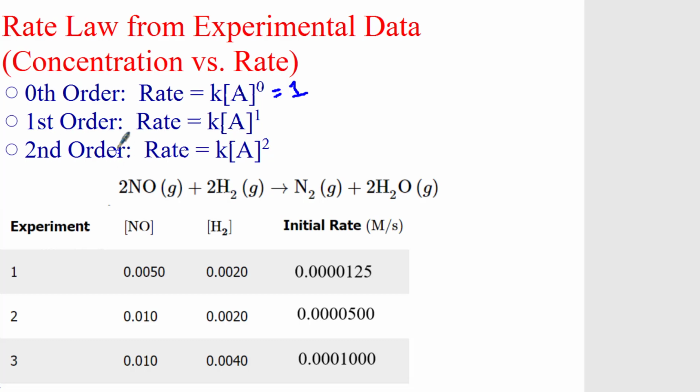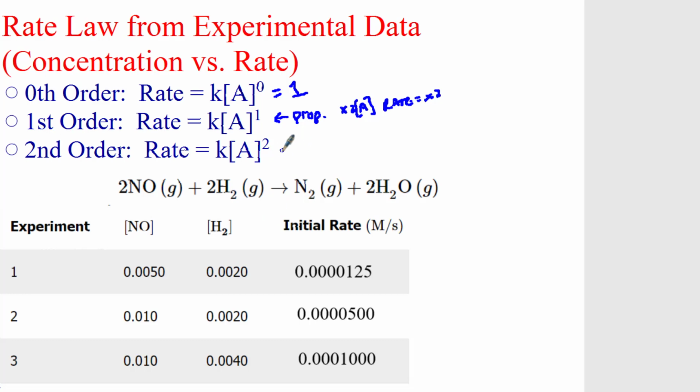Now this one here, first order, is a directly proportional relationship, which means if you double the concentration of A, put twice as many moles of A in, the rate is going to double. If you triple the amount of A, it's going to triple the rate. It's going to make your reaction rate go faster because you have more particles that are colliding and reacting together.